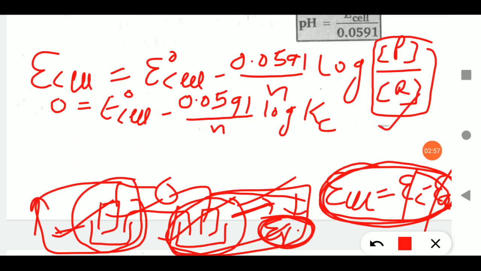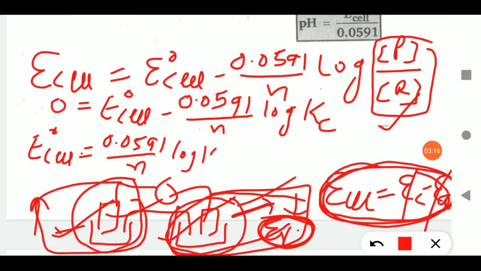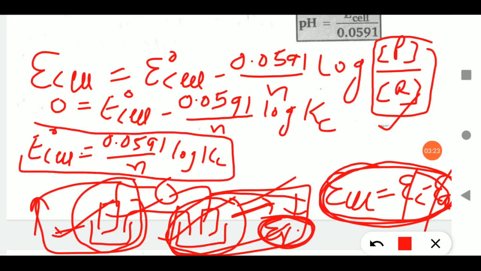So on rearranging, E naught cell is equal to 0.0591 upon n log Kc. Keep this equation in mind because I am removing the content.